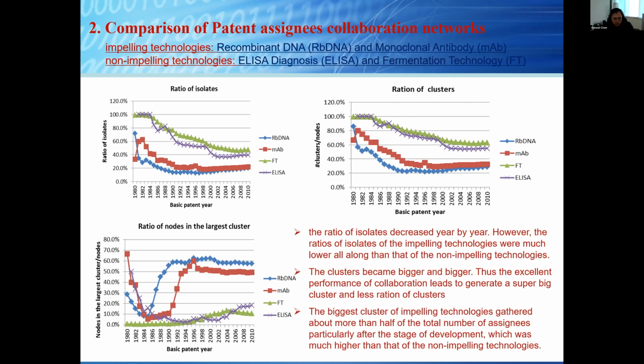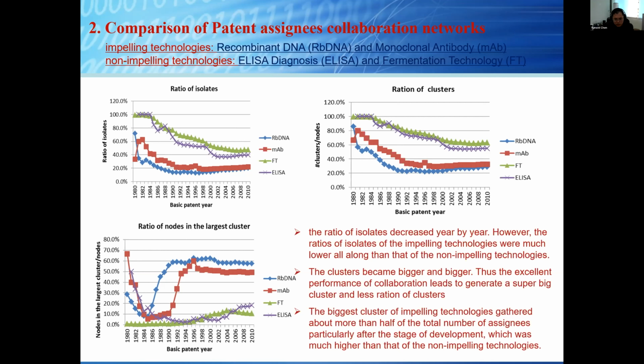Most of the institutes or universities have direct or indirect collaborations and merged to become a very big cluster. It means collaboration behavior is very popular.